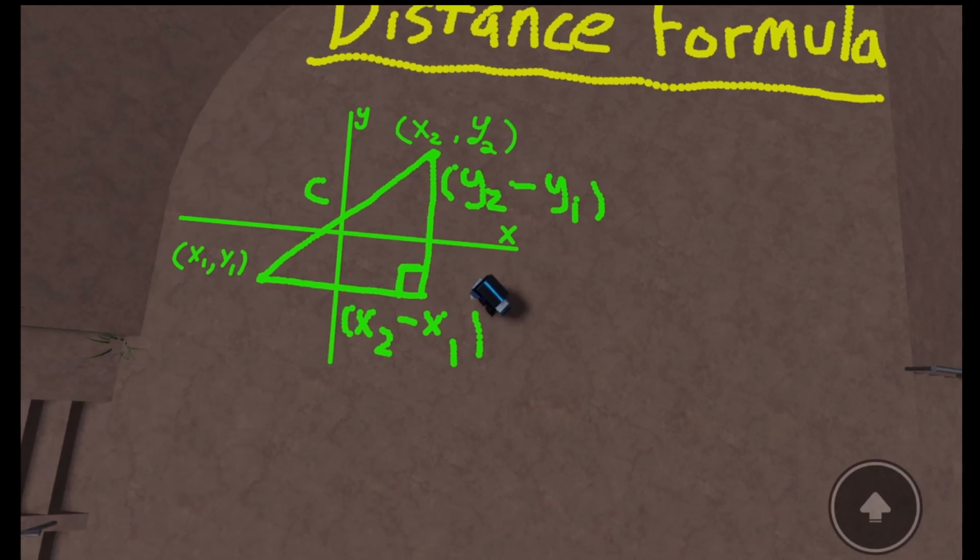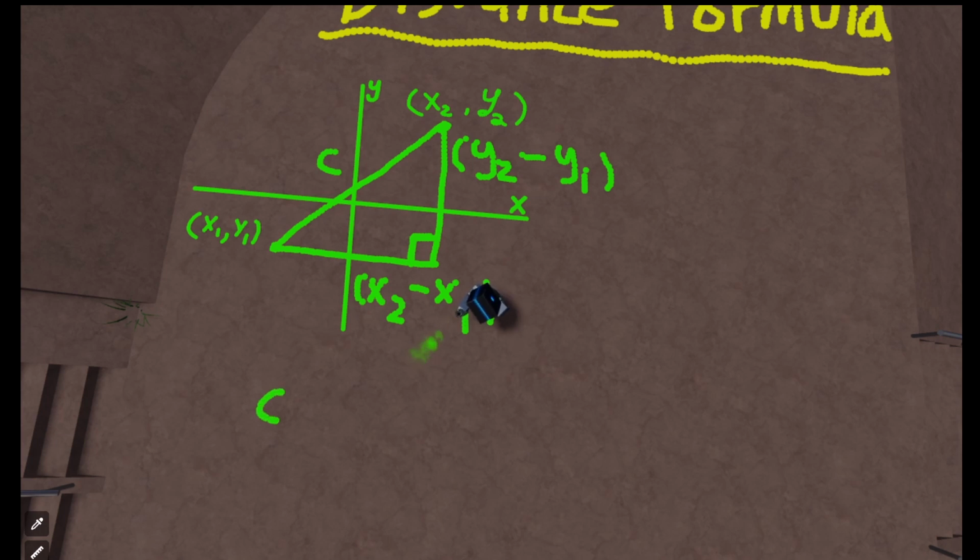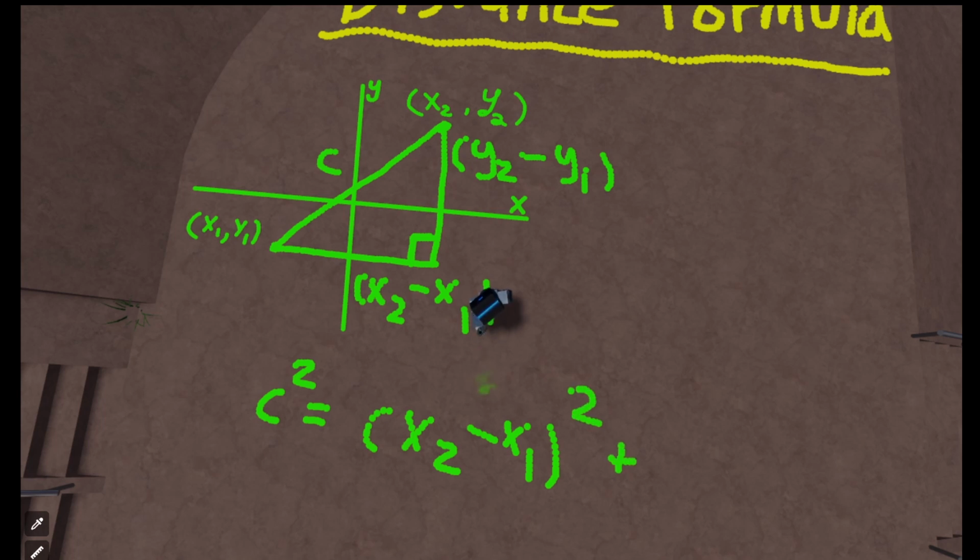So applying the Pythagorean theorem, we know that C squared has to be equal to, not the square root yet, x2 minus x1 squared plus y2 minus y1 squared, because we know a squared plus b squared equals c squared.